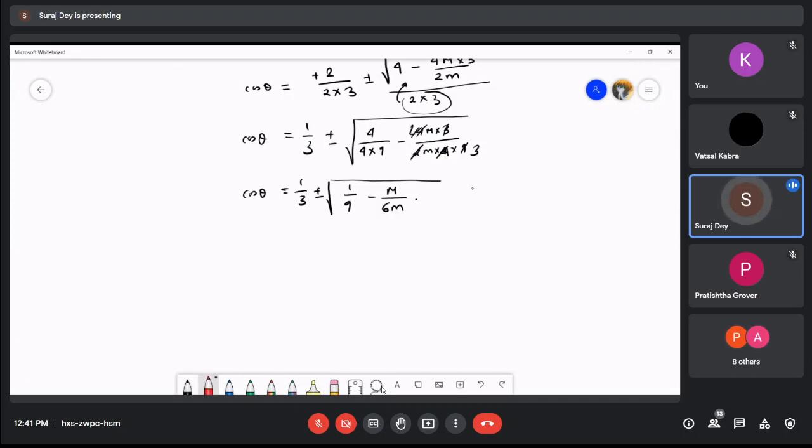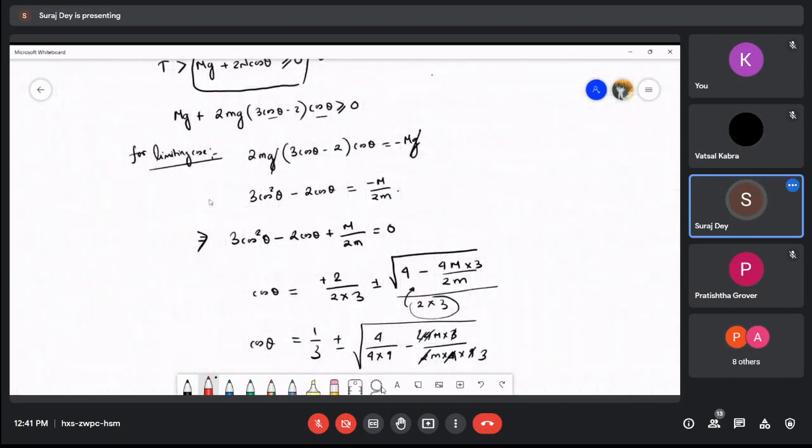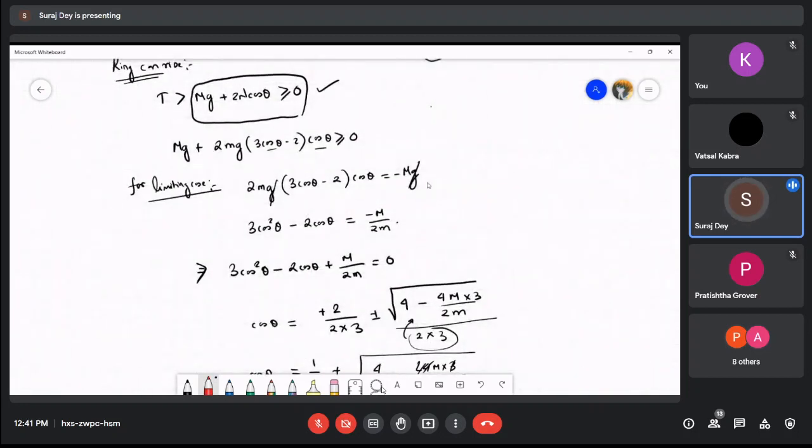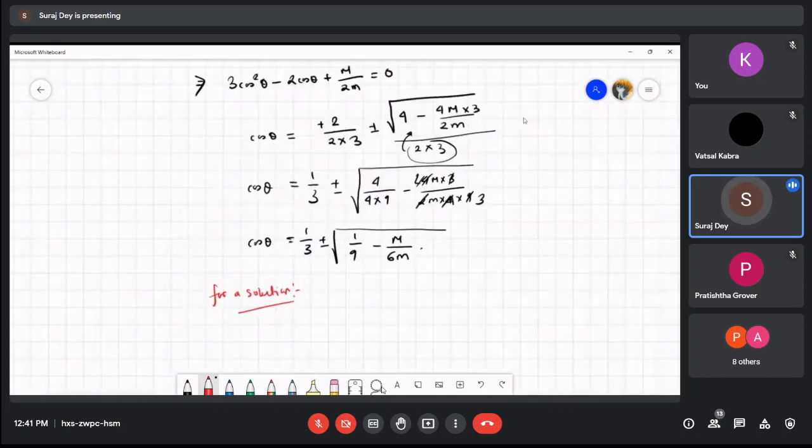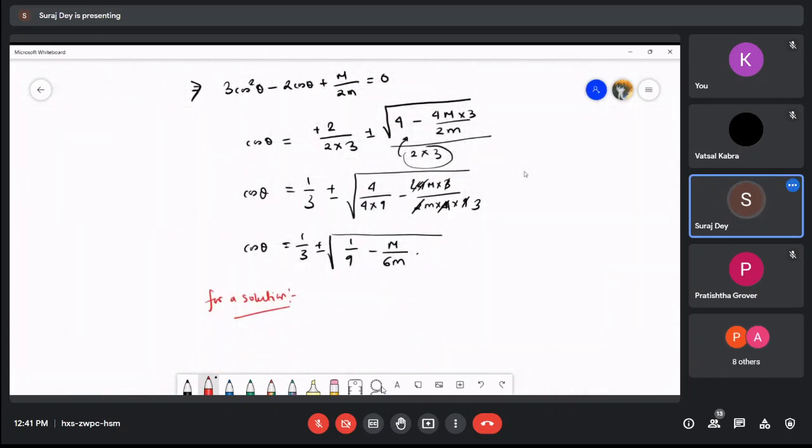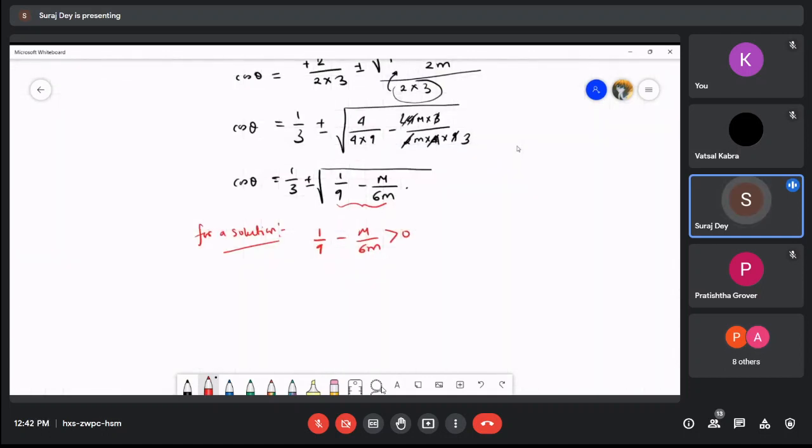So immediately you can see that for a solution to exist, for this above condition to be true, this has to be true if it has to rise. And so for a solution to exist, we need this quantity to be positive, or else there will be no solution to this condition. So we want this to be either positive or equal to 0.